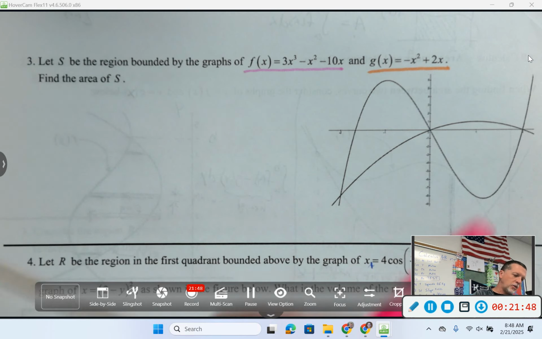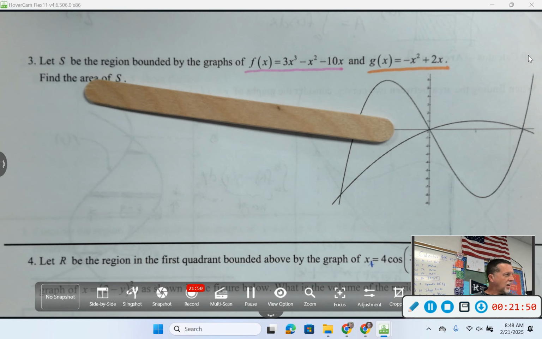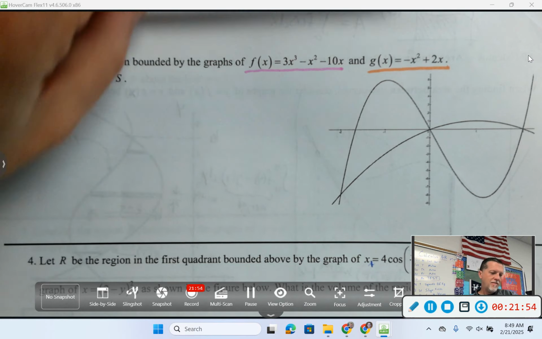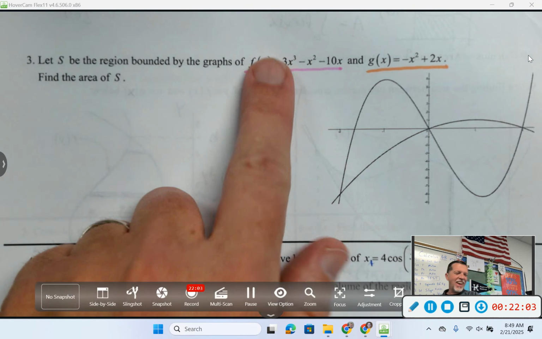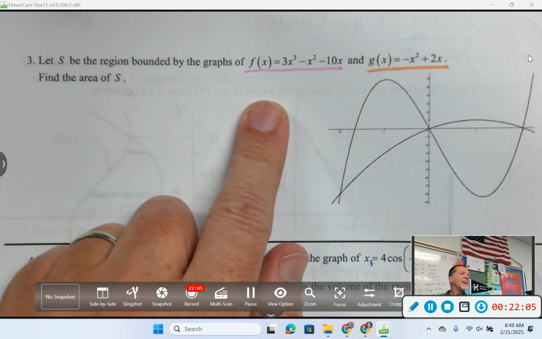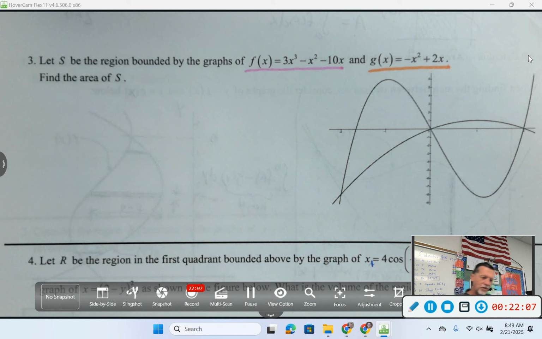So, Addie, how do you know which one's which? Or no, the power. The power. Yes. 3, so there's going to be 2. Well, for the x cubed, there's going to be 2 extrema. Extrema is the fancy word you're looking for there.